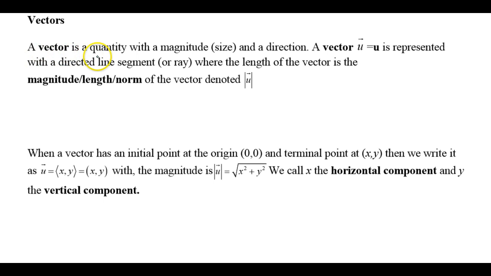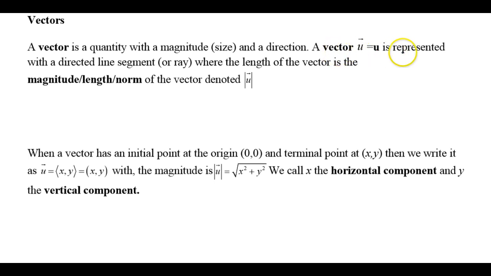So a vector is a quantity with a magnitude, or a size, and a direction. The notation for a vector is given by either a lowercase letter with a little ray above it, and the ray is always facing to the right, or a bolded lowercase letter.